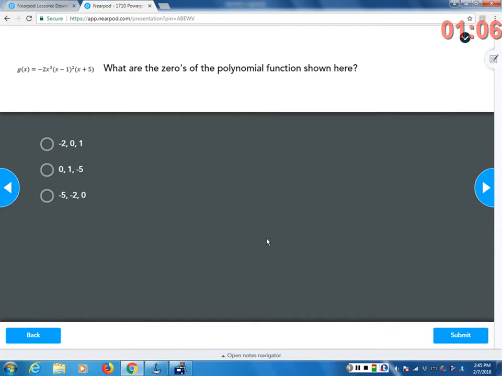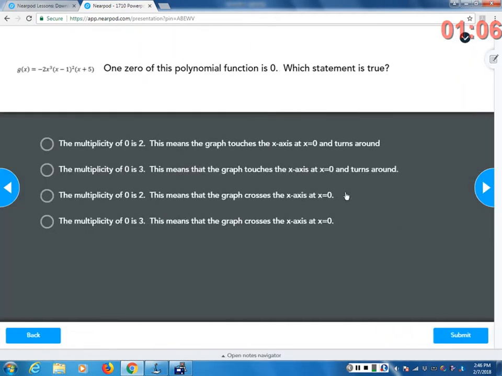If you skip it on the Nearpod I asked you to do, you're not going to get full participation, but you would answer it and hit submit. What are the zeros? The multiplicity.